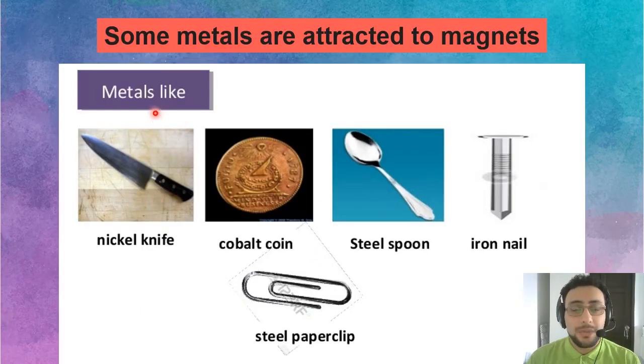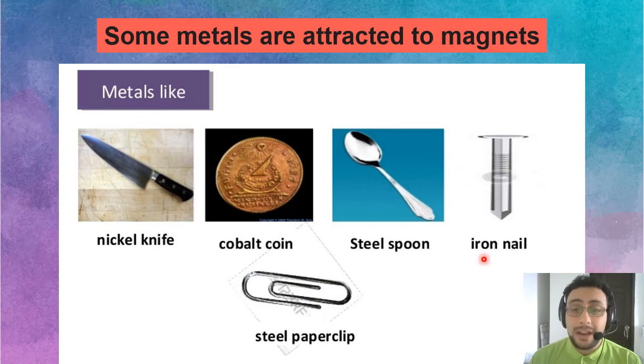Let me show you. Metals like nickel. For example, this nickel knife can be attracted to magnets. A cobalt coin, cobalt is also attracted to magnets. Steel spoon or steel paperclip, when it's made of steel, it's also attracted to magnets.